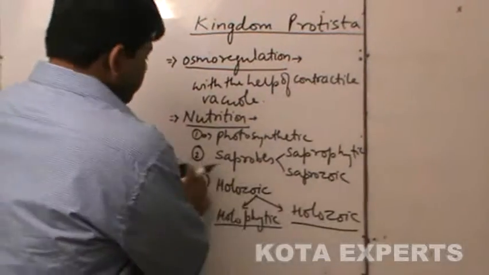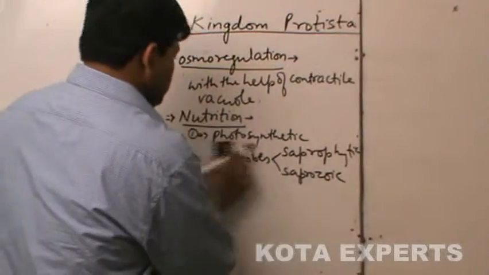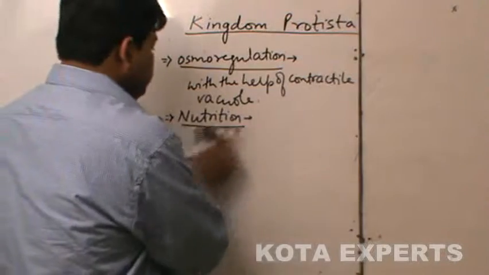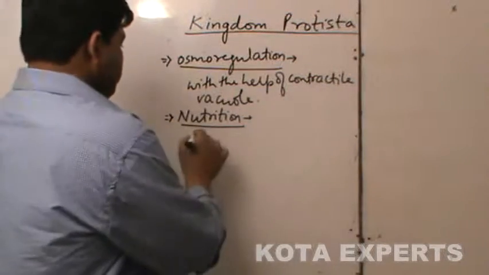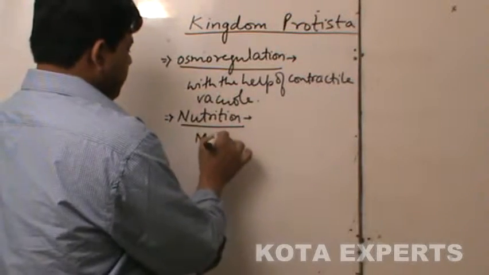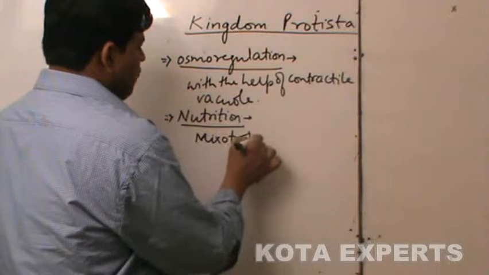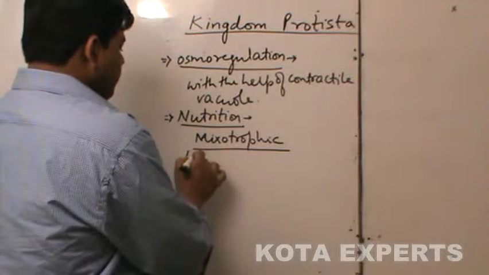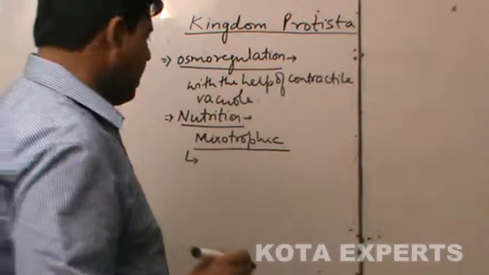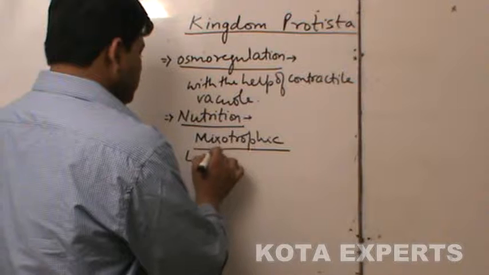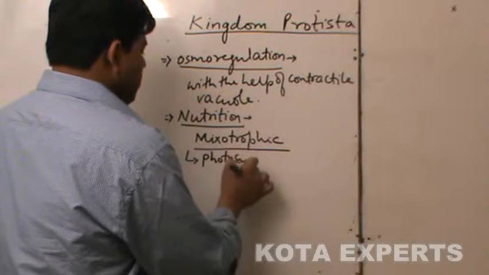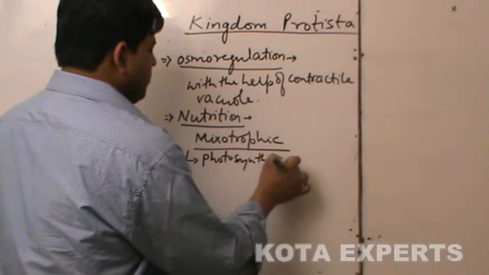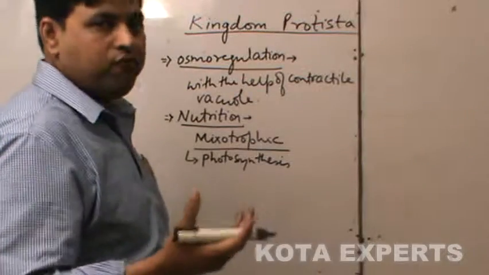And one most important or more interesting type of nutrition is mixotrophic. In this type of nutrition, the organism performs photosynthesis and manufactures its food in the presence of light.